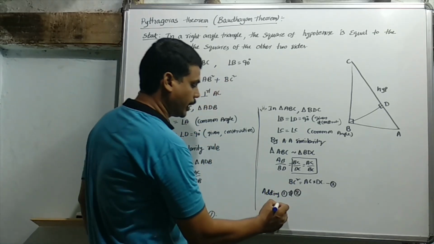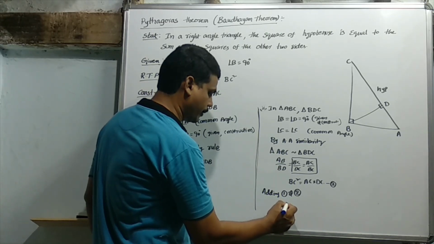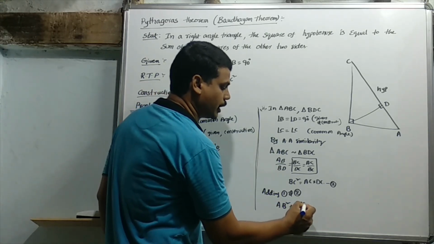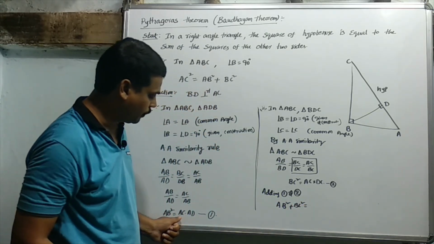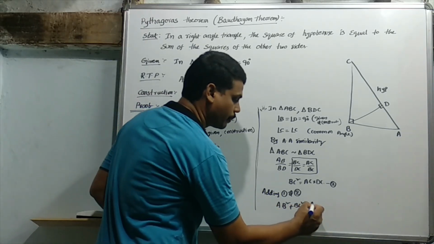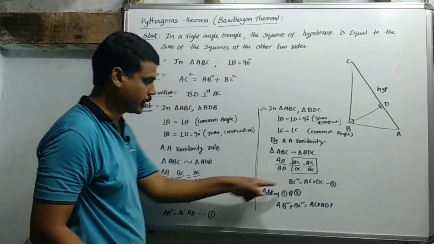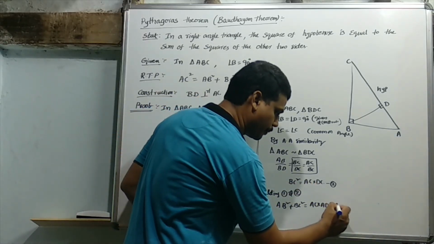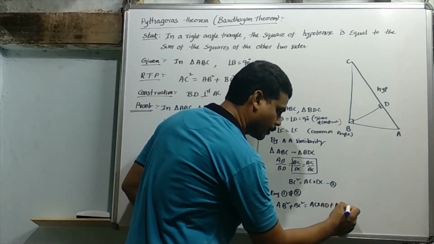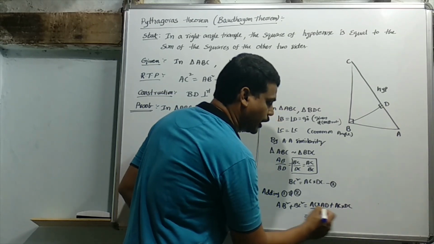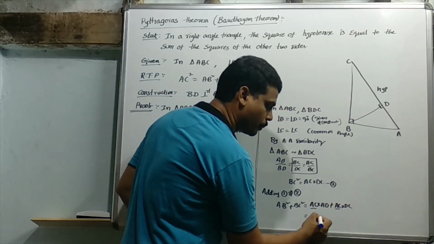Then what I am getting is AB square plus BC square is equal to, what is AB square? AC into AD. What is BC square? AC into DC. So you have to take out common AC in both, or use the distributive property.